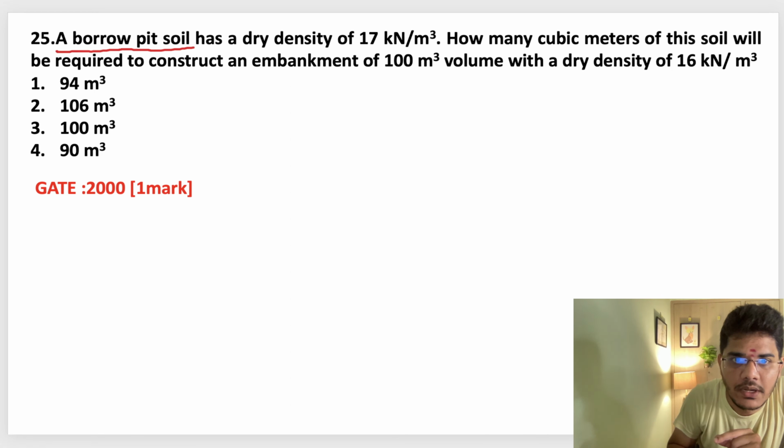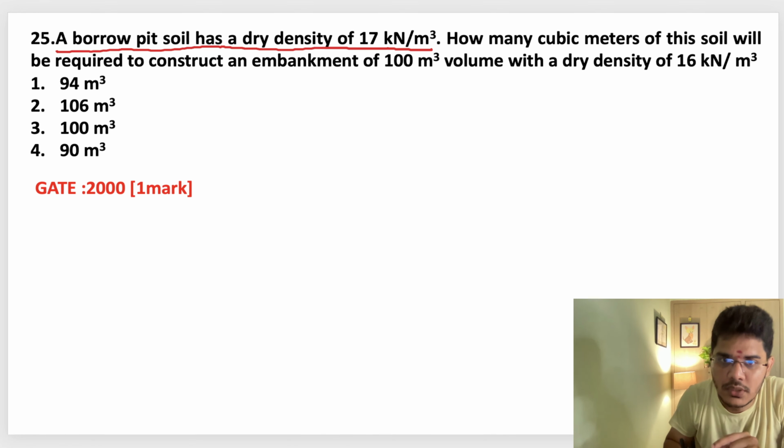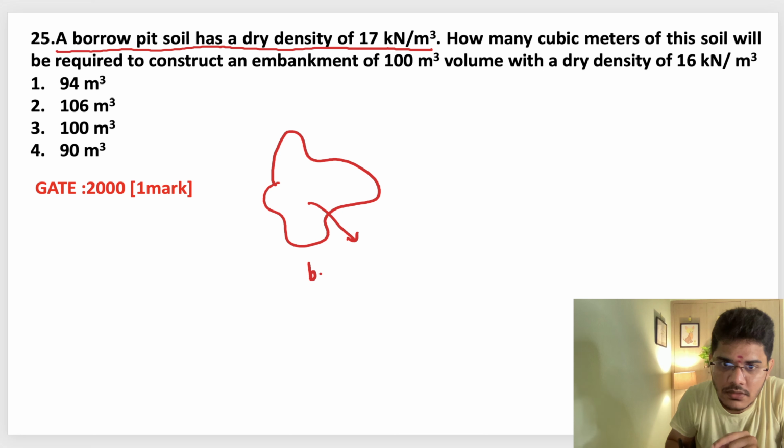A borrow pit soil has a dry density of 17 kilonewton per meter cube. So actually let us consider this is a borrow pit. What he has given, let us suppose this is 1.